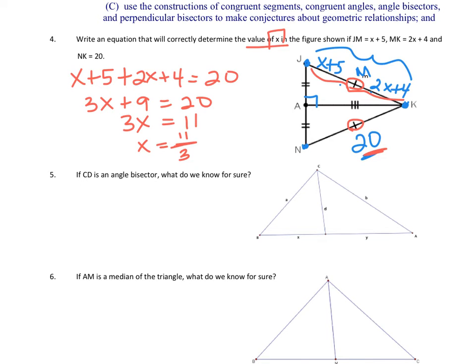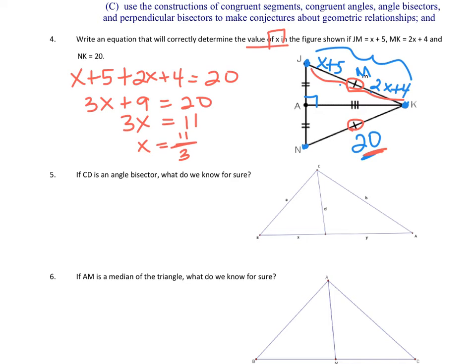Or that's 11, I'm sorry. 11 plus 5 is 16 plus 4 is 20. So yeah, that would be 11 thirds. Okay, next question. Everyone good with what I did there? Because we didn't know it was the midpoint, we set the whole side equal to the whole side.